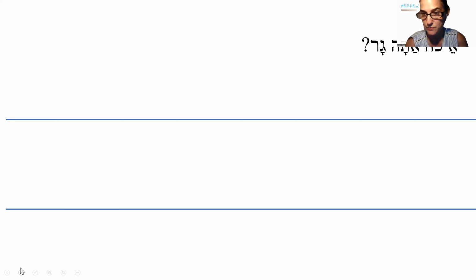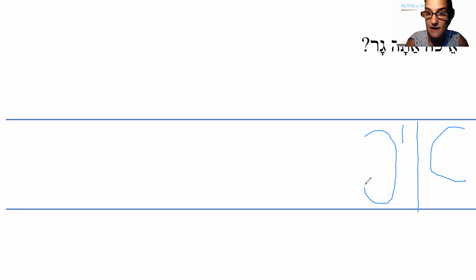And now that we've gone over the letters, let us try to write something. Let us just try to write the question. Where do you live? איפה אתה גר? Okay, starting with the aleph: a semicircle and then a vertical line. Then we have a yud, a little yud here, closing the word with a hey.